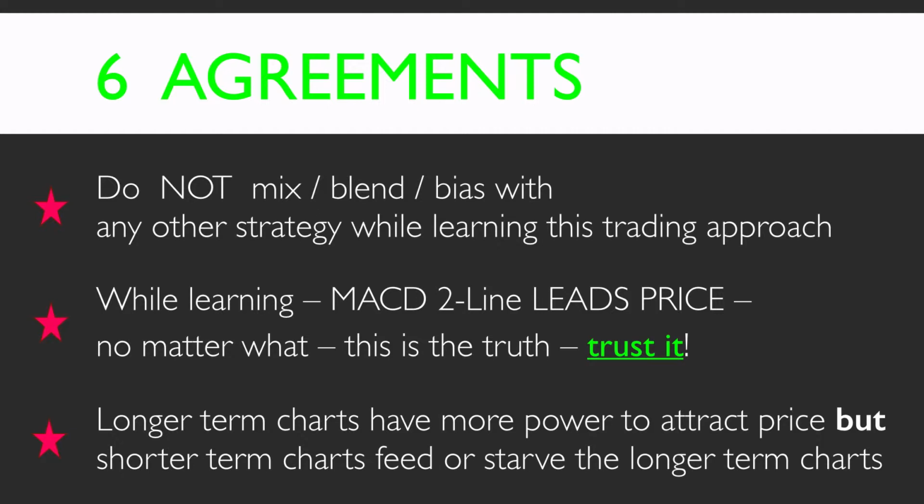Longer term charts have more power to attract price. We've talked about that before. When a pattern sets up on a monthly or weekly chart, it has taken a long time to develop. So the likelihood is if you are directionally against the monthly and weekly strength and the market shifts on you, it is very likely if you are directionally incorrect that that snapback will be very expensive.